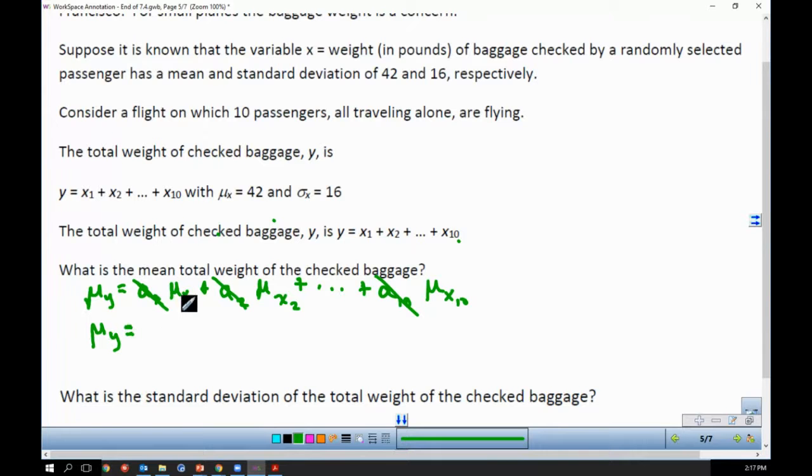What's the mean of your first bag? What does it say the mean of each bag is, for that matter? 42. So we're going to have 42 here plus, what's the mean of the second bag? 42 plus, all the way till we get to the 10th, 42. The only reason they're the same here is they tell us the mean of each bag is 42.